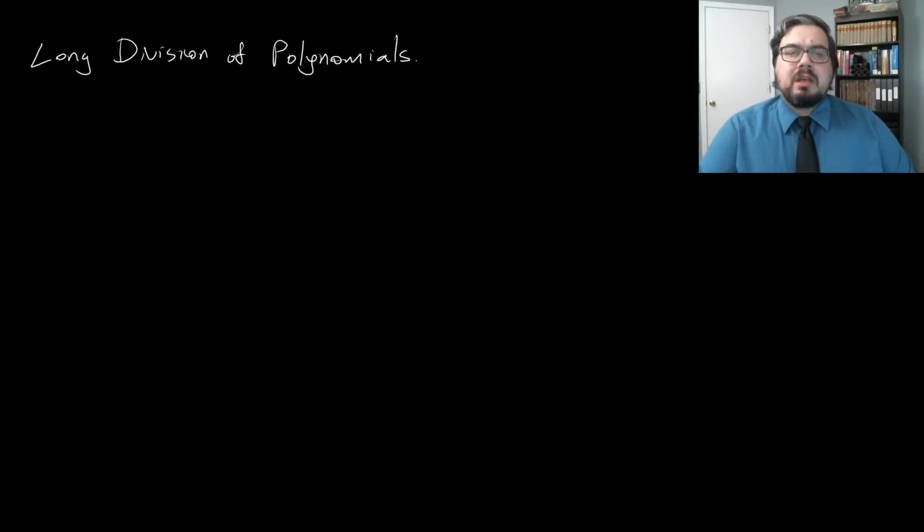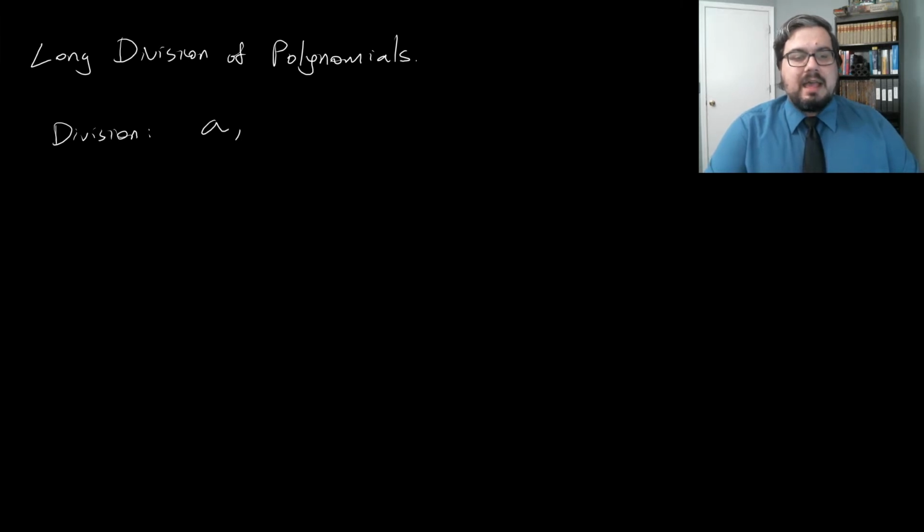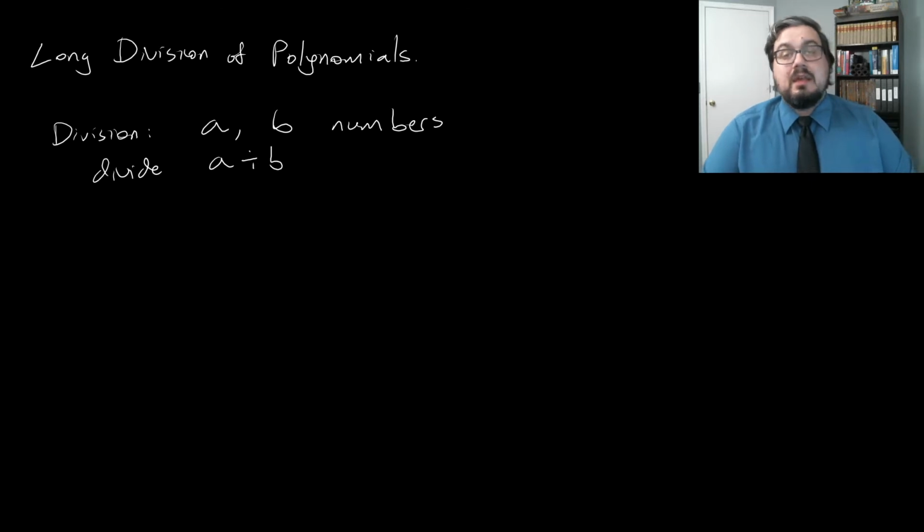So recall from when you were first learning about division, we have the following. We'll have some numbers a and b, and then when we divide a divided by b, what we often looked at are things like the quotient and the remainder.